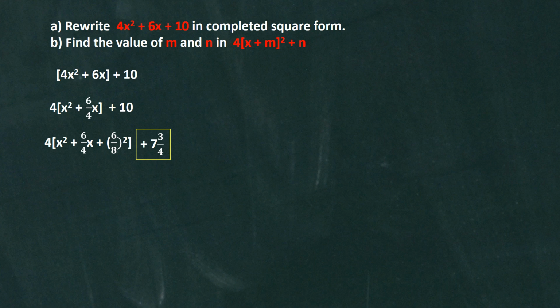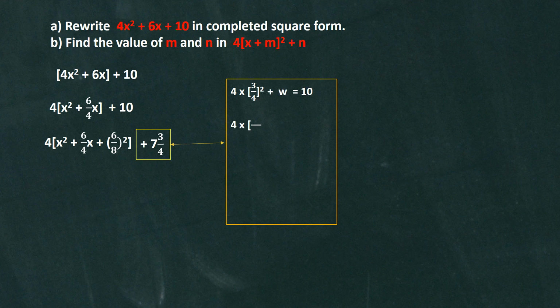Let me show you on the side how to find that 7 and 3/4. First of all, the 4 was being multiplied into that constant of 6/8 squared. Remember, 6/8 can be 3/4. We add some constant that we do not know so that we get 10, the original constant. 3/4 when squared becomes 9/16, and when you multiply by 4, we get 9/4.